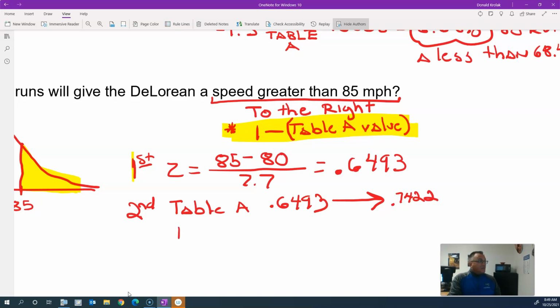Okay, and now 1 minus that. 0.2578. And that's our percent.